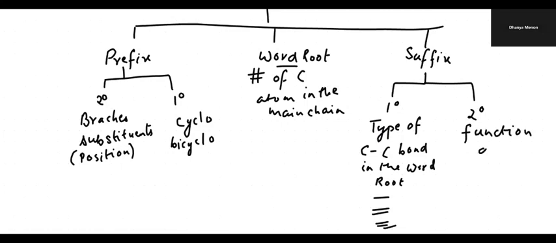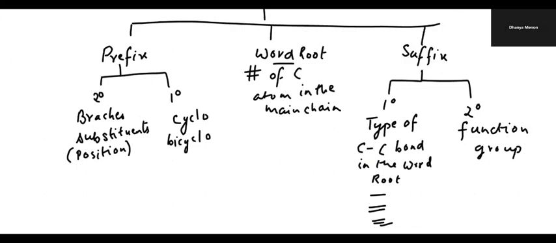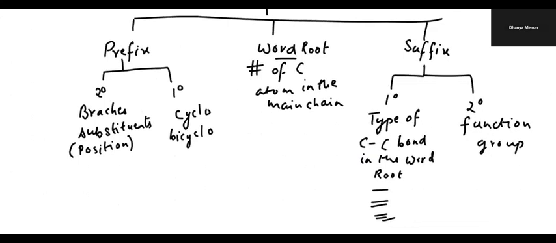Functional group can be alcohol, aldehyde, ketone. For functional groups, I'll be making another separate video. Today, we will be concentrating more on the alkane group. Okay, so this is the order.